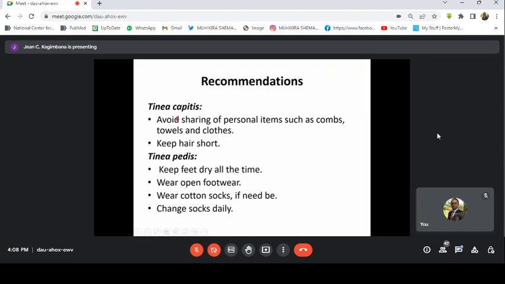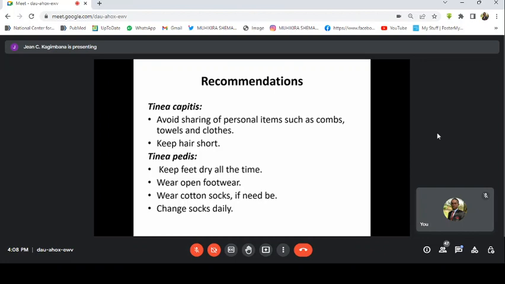Now, in the recommendations for tinea capitis, avoid sharing combs, towels, and clothes. That's why it's contagious from one kid to another one. For tinea pedis, keep your feet dry. Wear open footwear if possible. Wear cotton socks if you need to, because the nylon ones make more humidity. Change socks daily.